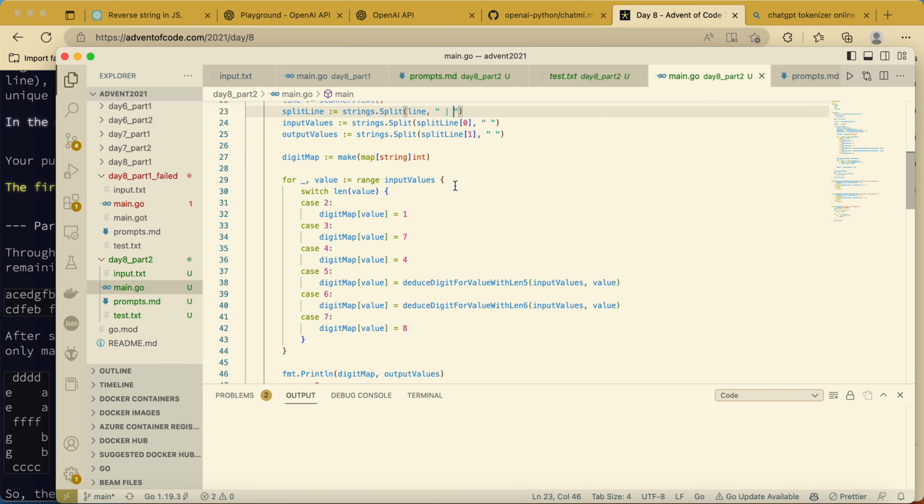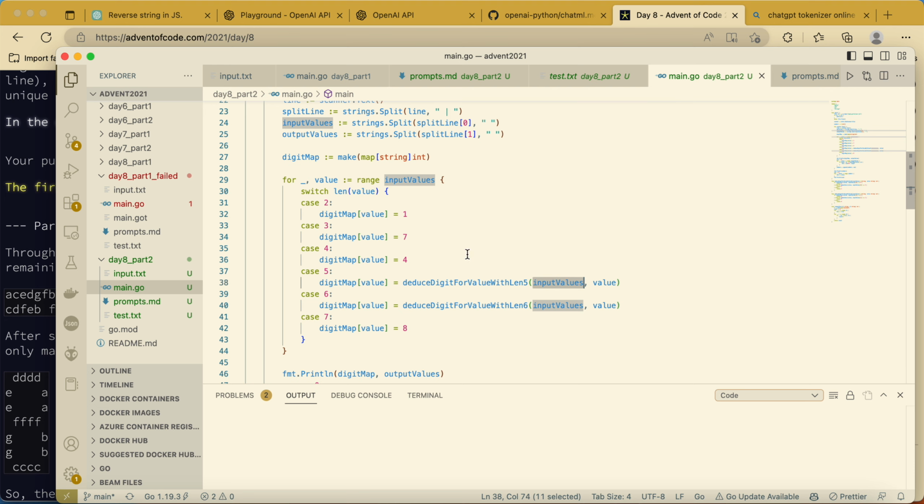I think that firstly I need to find all the indexes that are known, the ones that are for 2, 3, 4 and for 7, and after that to use this one when I'm having these input values.